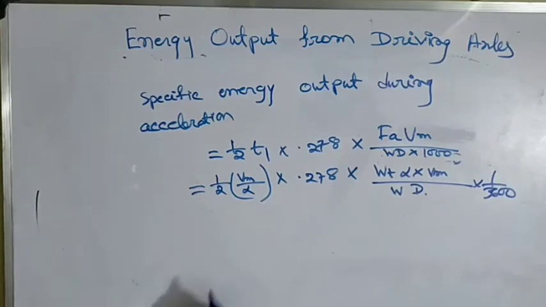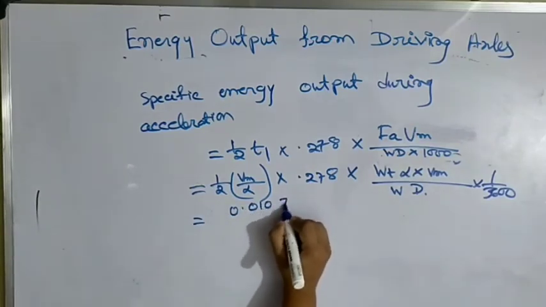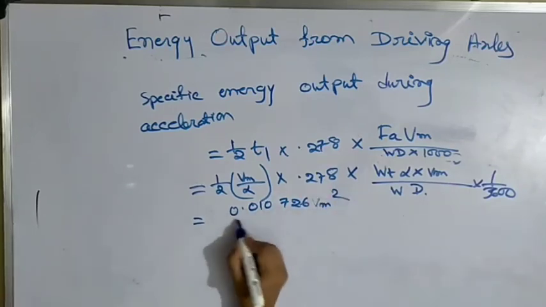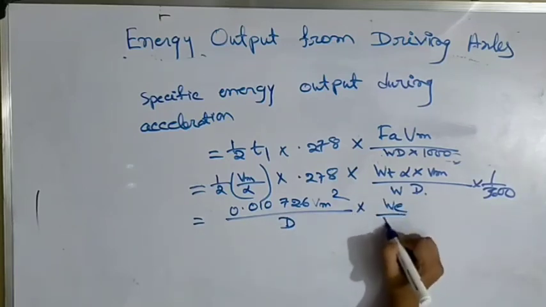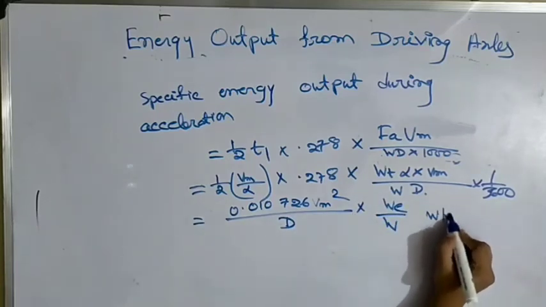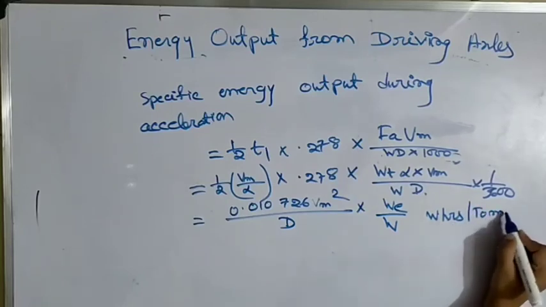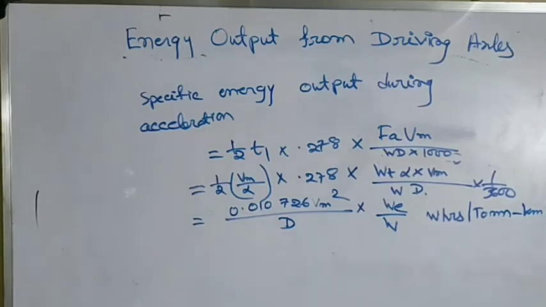Now this is equal to 0.010726 Vm square by capital D into We by W. The unit is watt hour per ton kilometer.